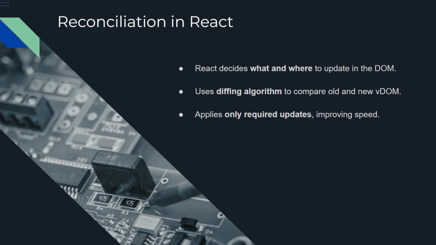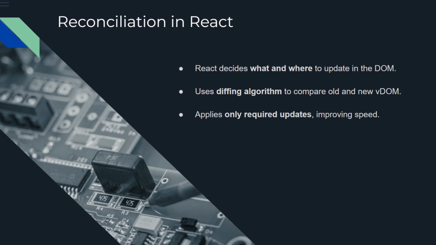What is reconciliation? React decides what and where to update in the DOM. React always makes the decision of what is going to be changed and where we need to update. This process checks what the changes are and where they are, so that it can update. Reconciliation uses the diffing algorithm to compare the old versus new virtual DOM.